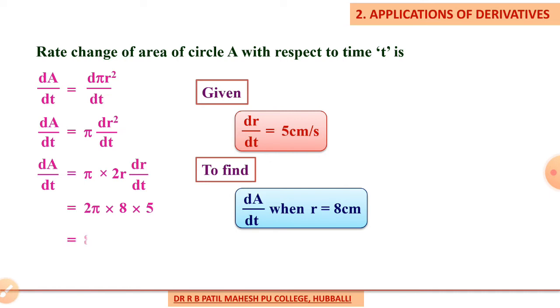If you simplify this, you will get 80 times pi square centimeter per second. So this is the answer. The change in area of the circle with respect to time t is 80 times pi square centimeter per second.